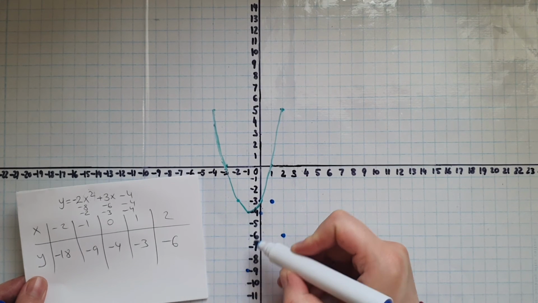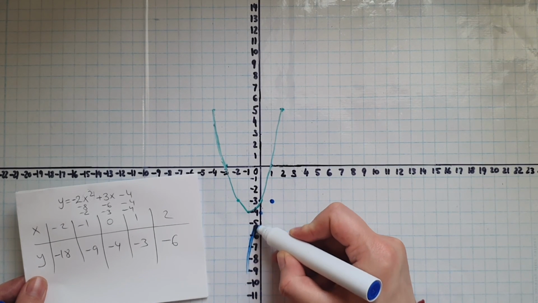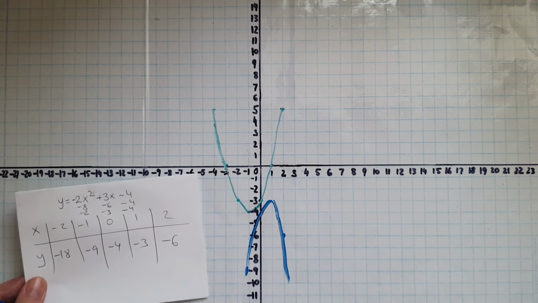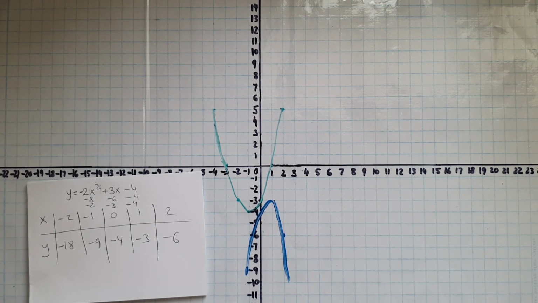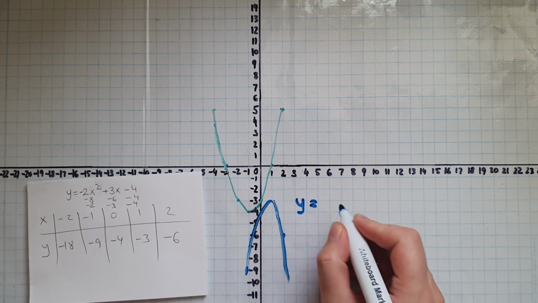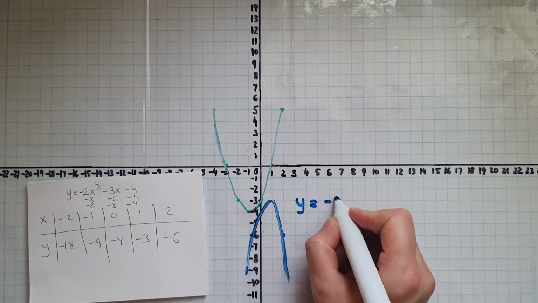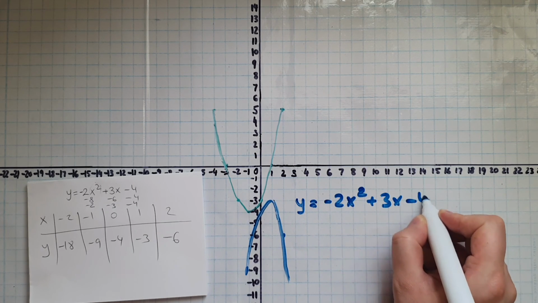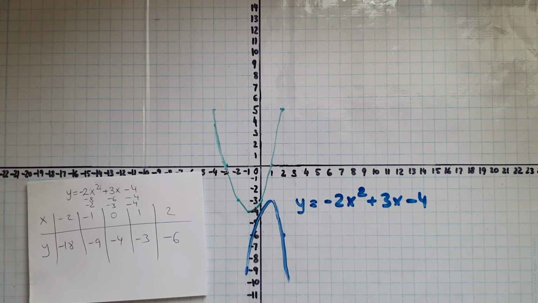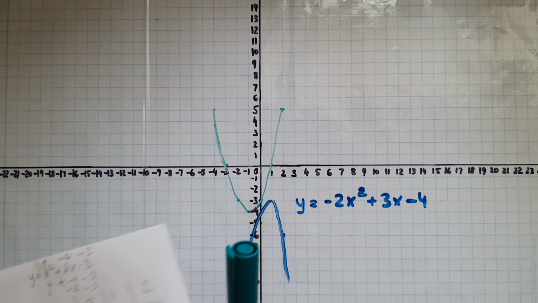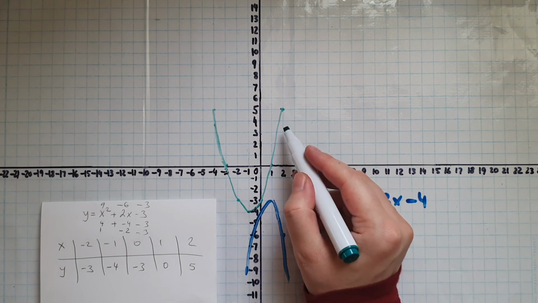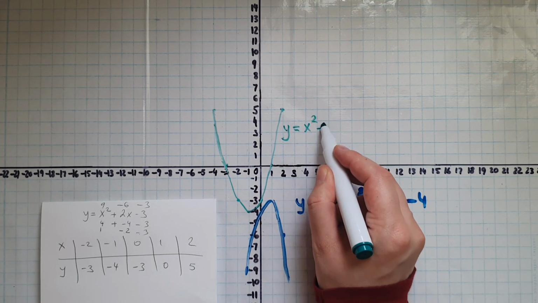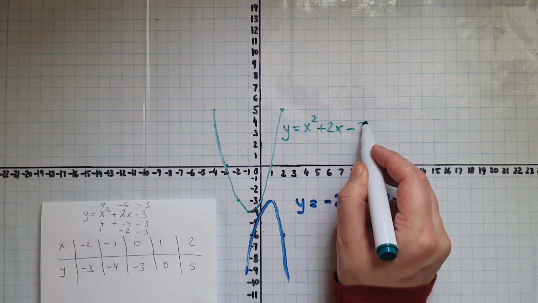So we can see it going like so. Let's label them. So y is equal to negative 2x squared plus 3x, take away 4. And this one was y equals x squared plus 2x minus 3.